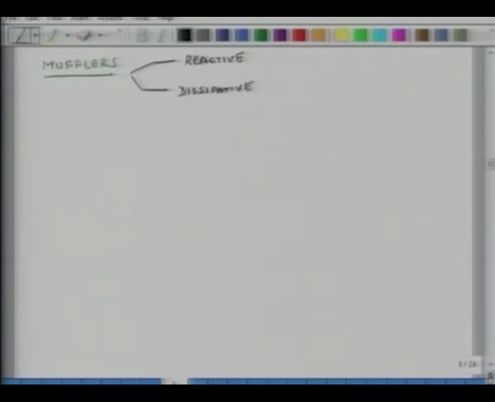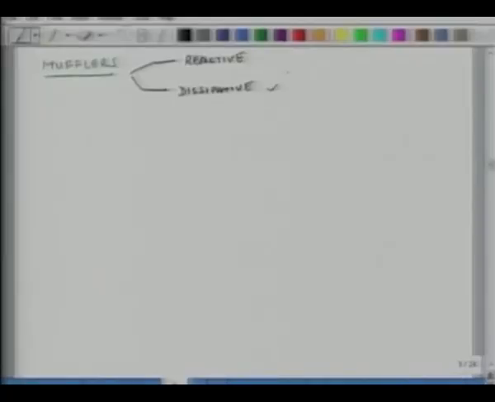In dissipative mufflers, the reliance in terms of reducing the noise coming out of the engine is on the dissipative characteristics of the materials inside the muffler. So that's why it's called dissipative. And in reactive mufflers, the bigger reliance is on how you are tuning them to cancel pressure waves inside the muffler so that the total noise emitted out is minimized.